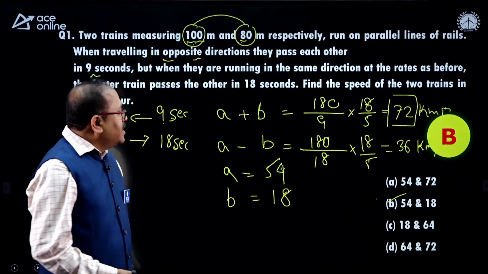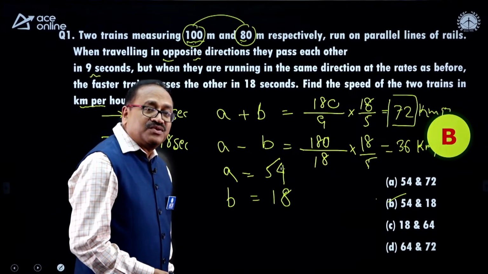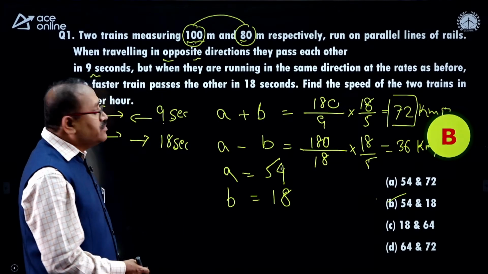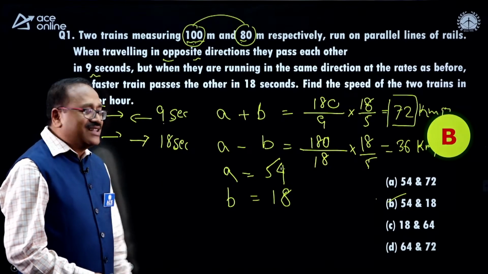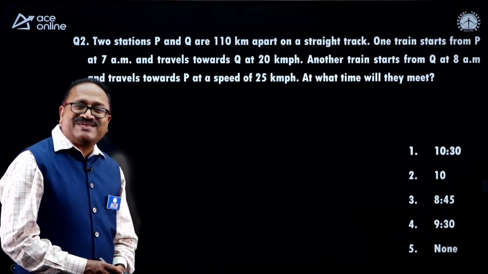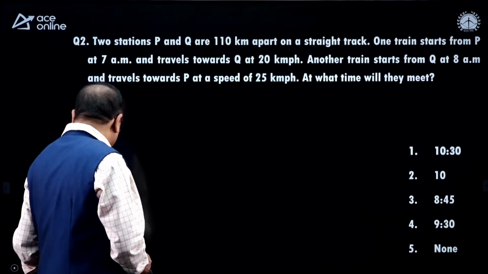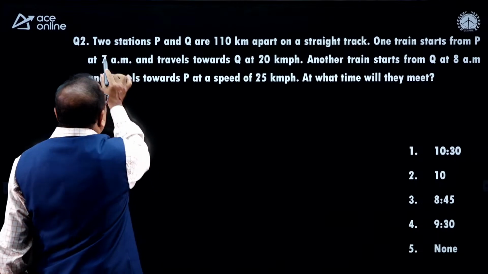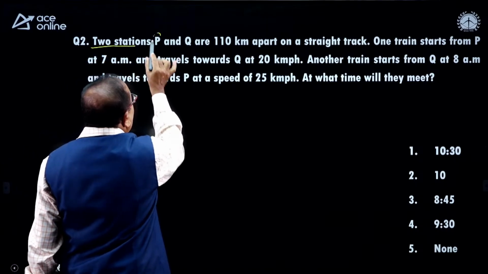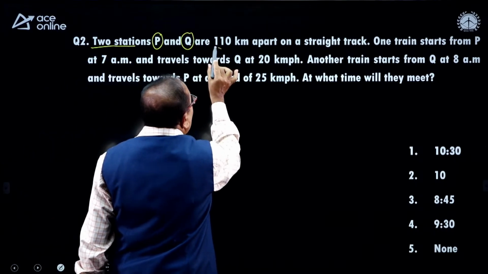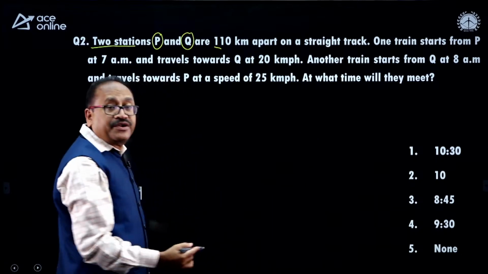Just get ready, and then after reading the question, as I said, I will give 30 seconds for you to answer the question, and this is your next question. Two stations, that is P and Q, are 110 kilometer apart.